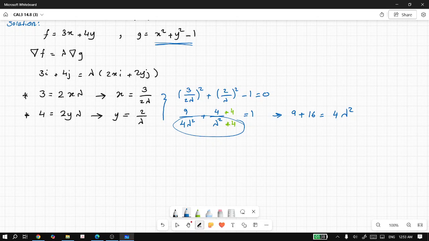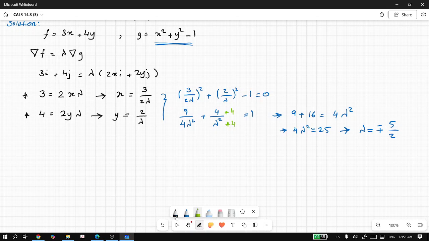So 9 plus 16, which is 25, is equal to 4 lambda squared. Dividing both sides by 4 and taking the square root, we get lambda is equal to positive or negative 5 over 2.